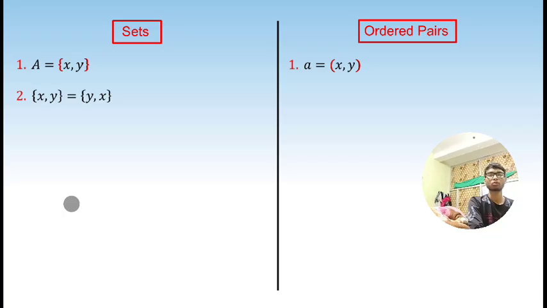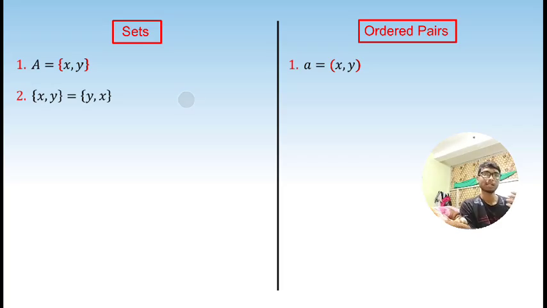Now next we have {x, y}. In the case of a set, order will not matter, but in the case of an ordered pair, order will matter.